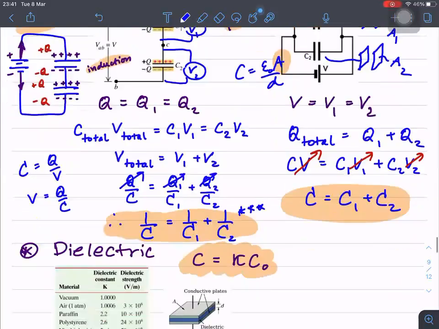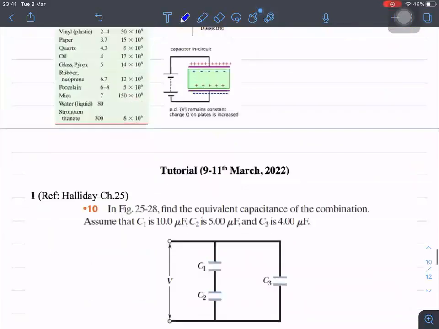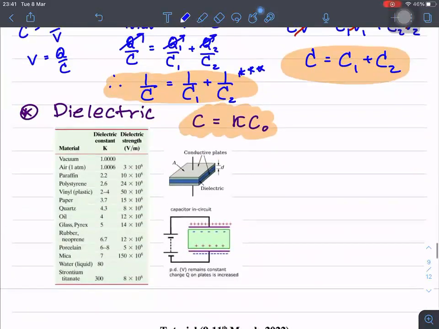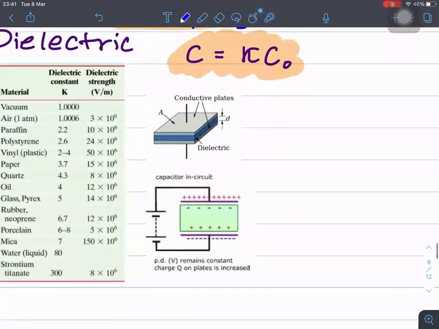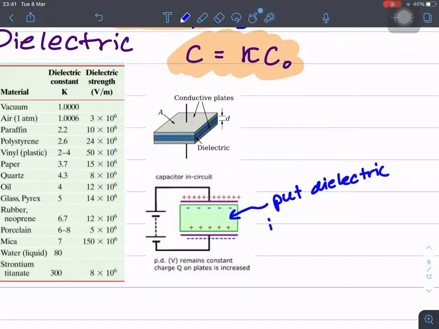Okay, then the last topic for today would be about dielectrics. A dielectric is the material that we put into a plate capacitor.